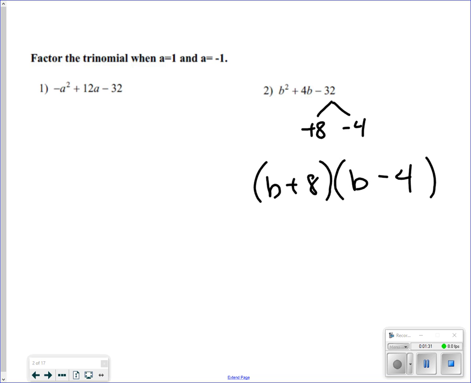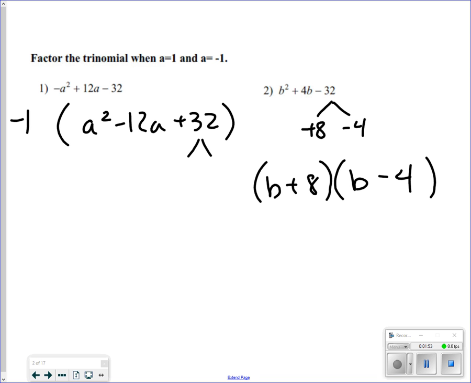Now, you never want to factor with a negative in front. So if there's ever a negative in front, take the negative away and change the signs. So I now need, and it's changed up now, two things that'll multiply to be 32, but they have to add up to negative 12.